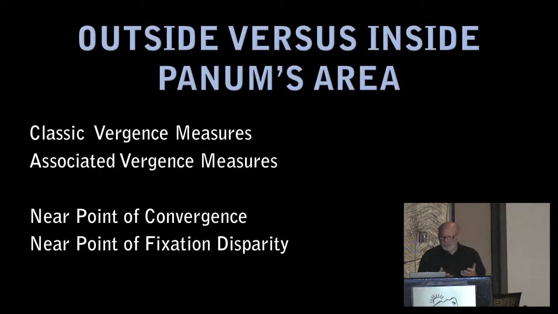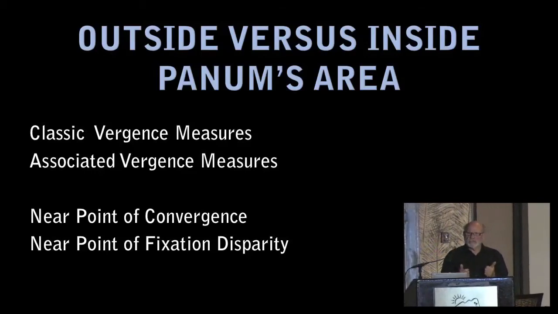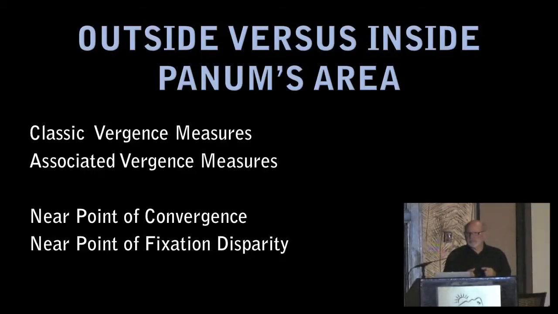So when we do classic vergence measures, I'm using divergence, convergence, base-in, base-out prism to take the demand to the point where you start to notice blur and then double, and then you recover single and clear. When you go to diplopia, you're measuring the limits outside Panum's area.